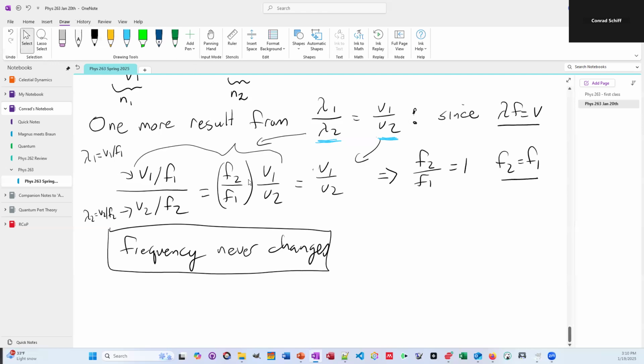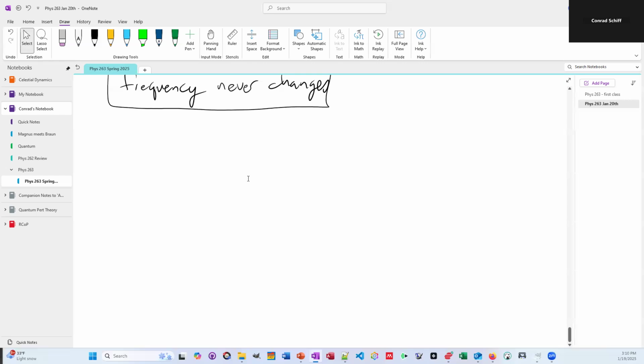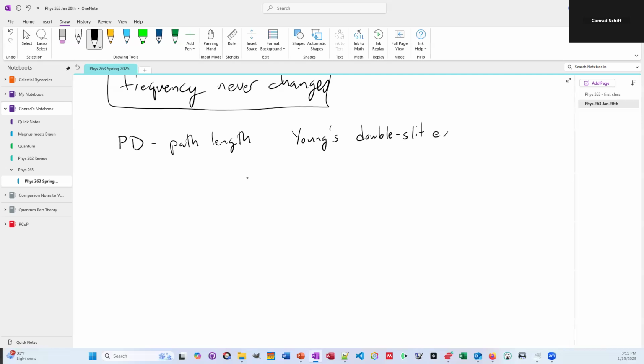So at this point, I'm going to stop with the math and just point out a couple things. In part two, we're going to see that a phase difference due to path length is going to be observed by Young's famous double slit experiment. And the double slit experiment, it's hard to overemphasize how it shaped thinking about physics worldwide.